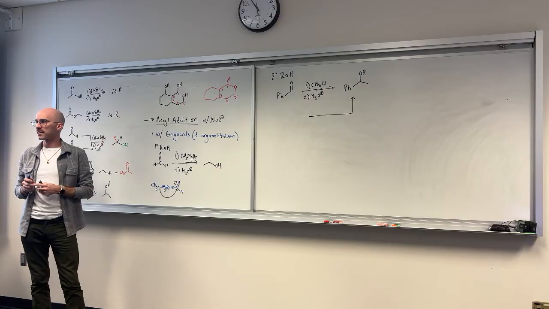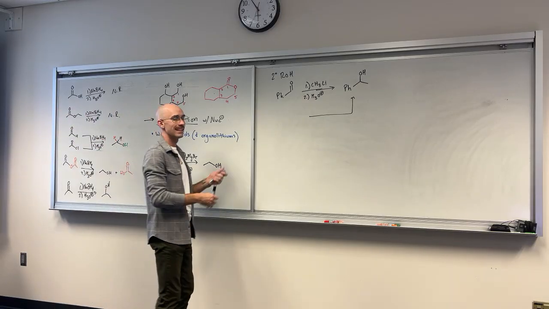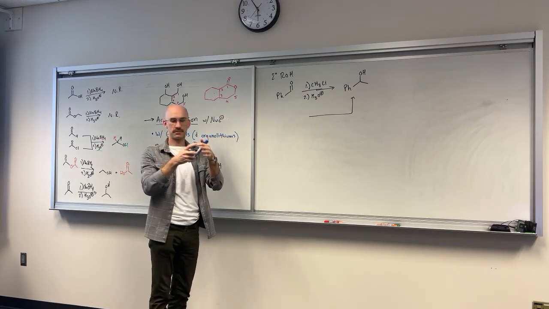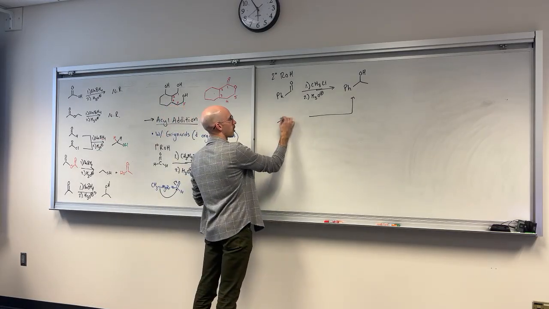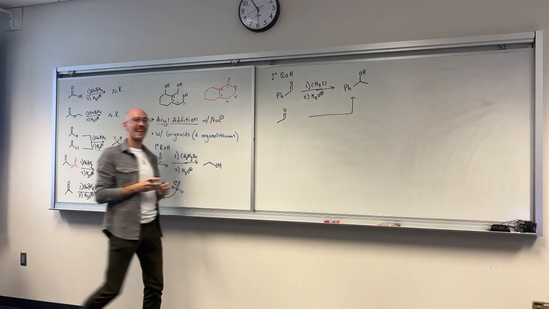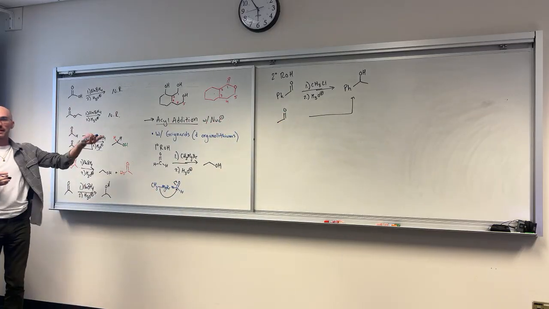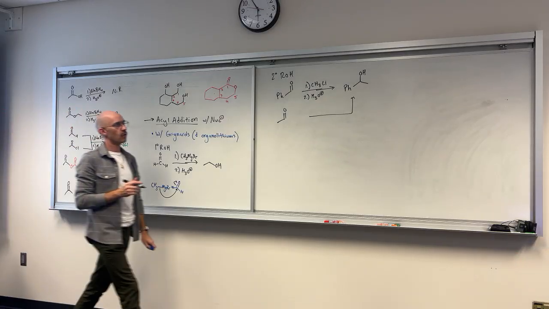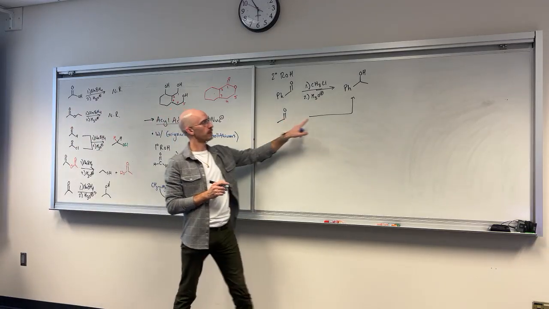How else could I have synthesized this same alcohol? I can flip which carbon-carbon bond I created. So my starting material will be ethanal, acetaldehyde, where I already have methyl carbonyl.